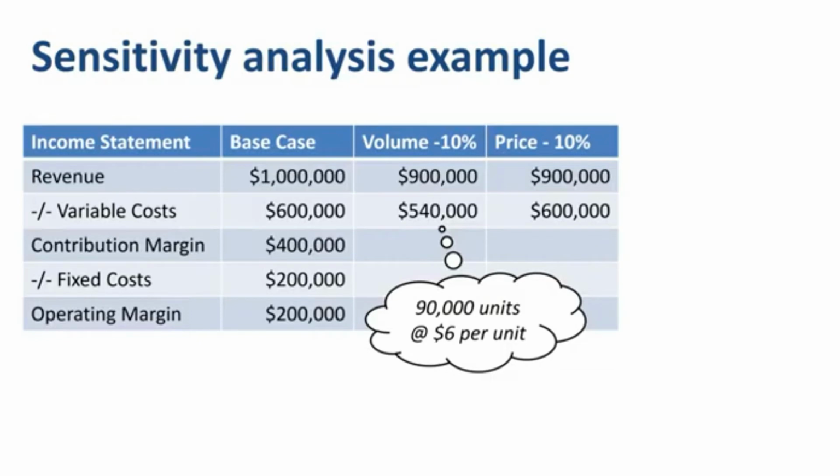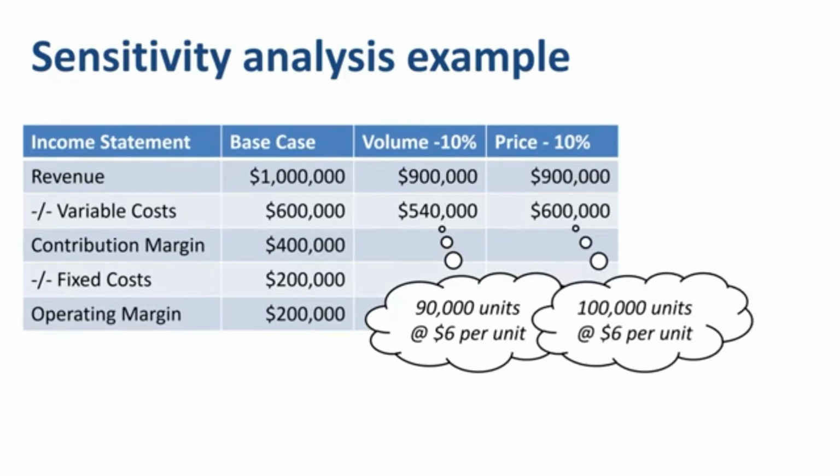If there is a drop in volume, then both revenue and variable costs drop by 10%. Variable costs in the case of a 10% drop in price stay at $600,000. 100,000 units at the cost of $6 per unit to make. Revenue drops, but variable costs stay the same.